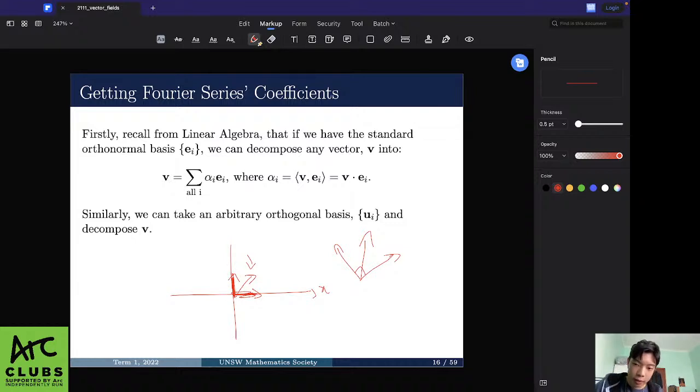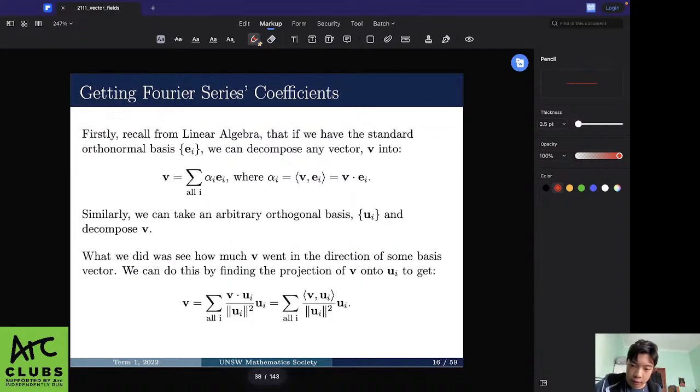So in the same way, we can find the coefficient of our vector by first just projecting this vector onto our basis vectors. Because projection just means how much is our vector going in this other direction.